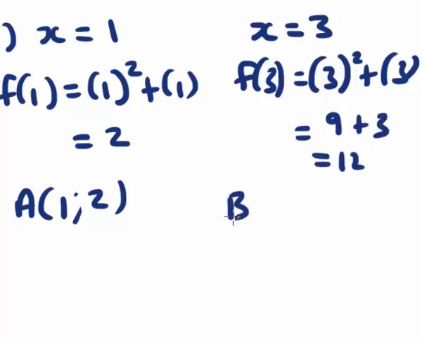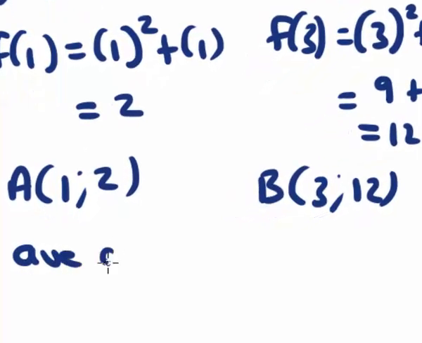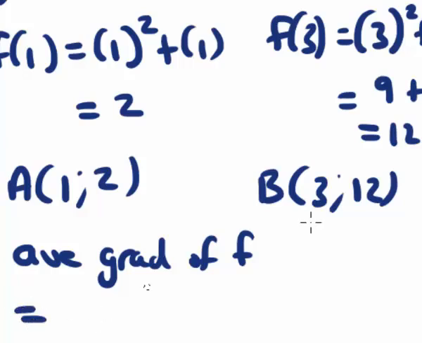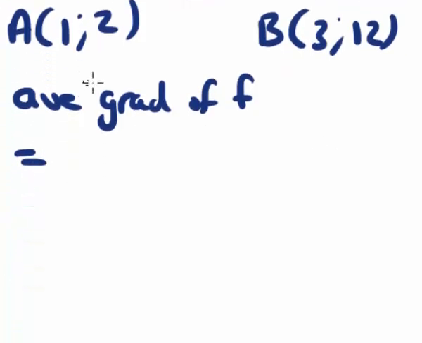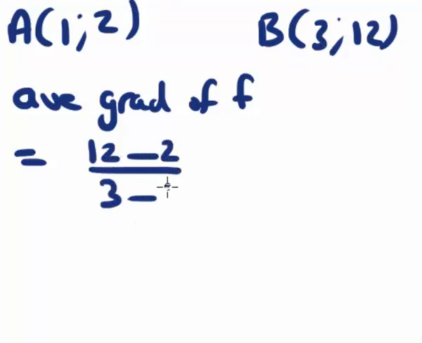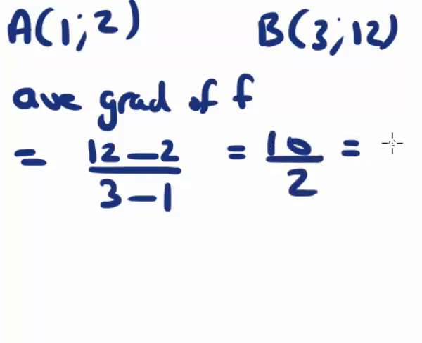So the other point, let's call it B, would be (3, 12). What would be the average gradient of f between these 2 points? No problem. You get the gradient of the line joining them, which is 12 minus 2 divided by 3 minus 1.